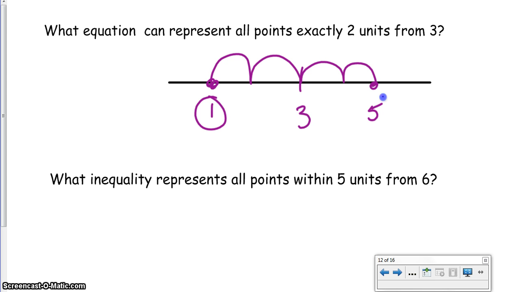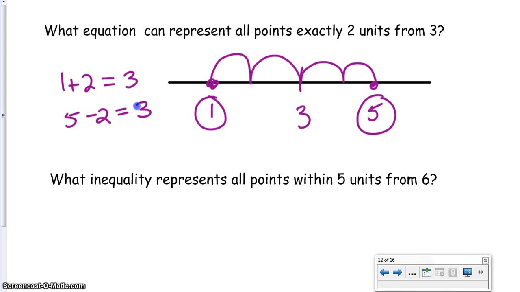Those are the 2 points that are exactly 2 away from 3. Well, let's figure this out, shall we? 1 plus 2 equals 3. 5 minus 2 equals 3. Can you figure it out? I hope you can, because this is where we go tomorrow.